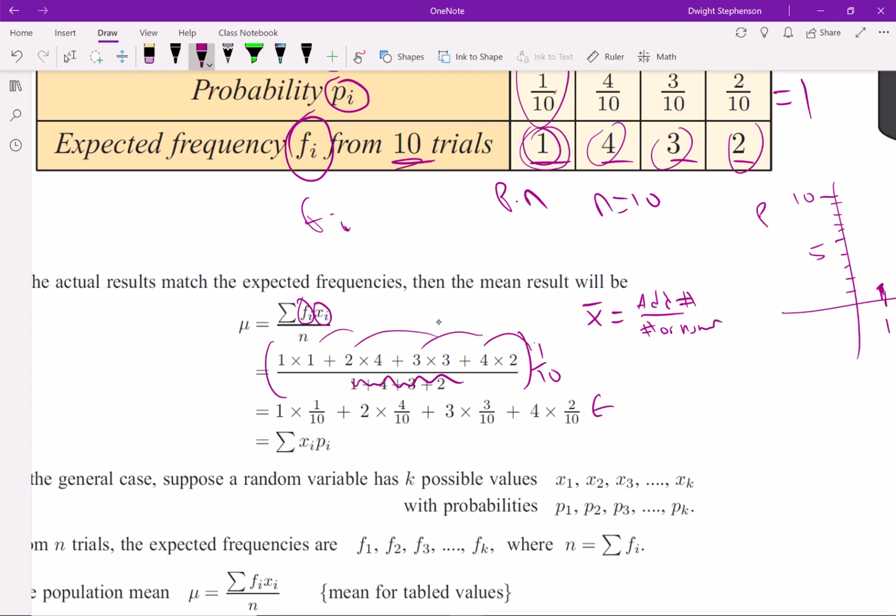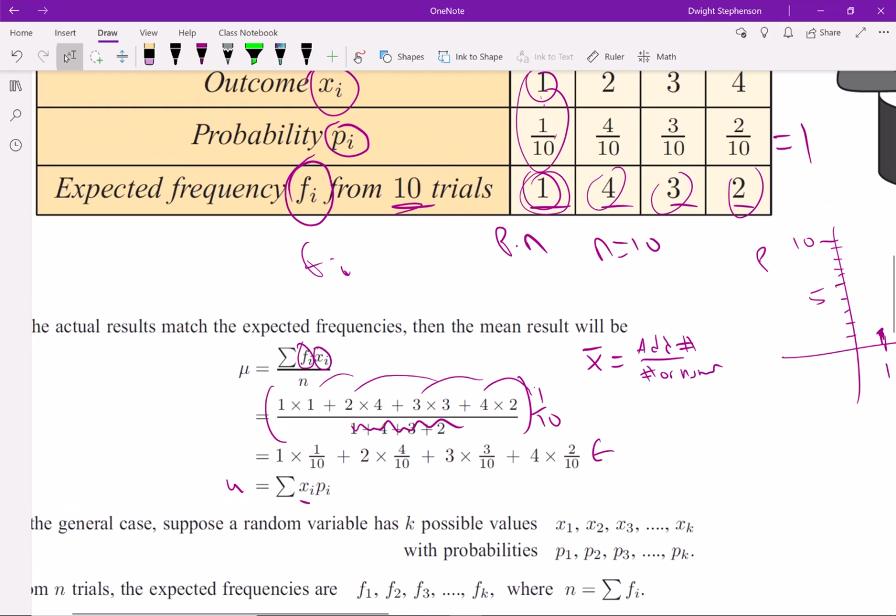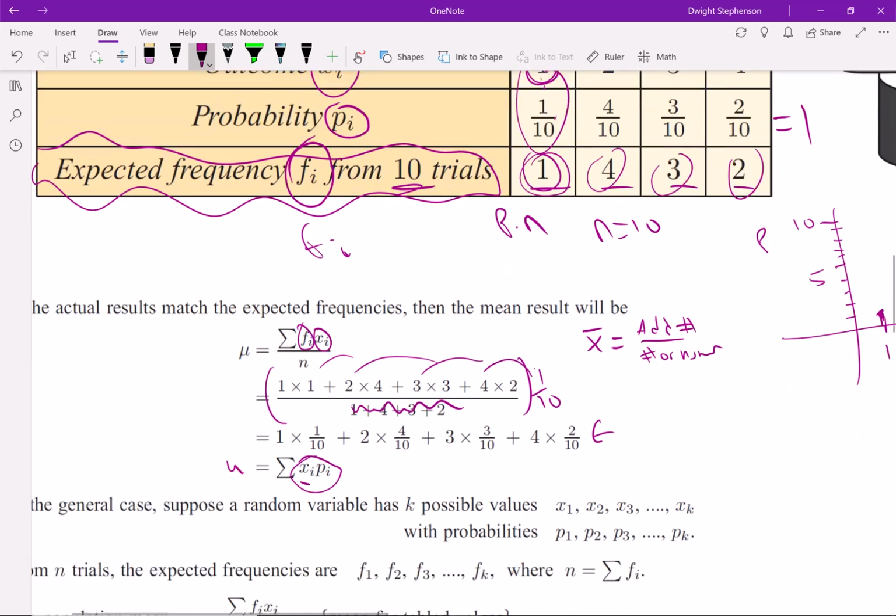And so then you notice that the mean value, mu, is the same as the sum of the xi, the number, times the probability. So it's the same idea. We can now simplify things. We don't actually need to know the frequency. All we need to know is the xi and the corresponding pi.